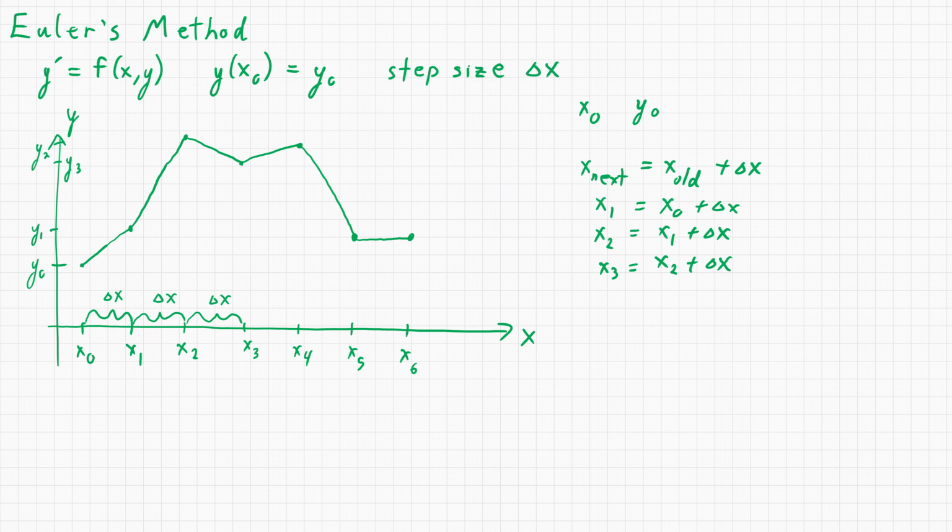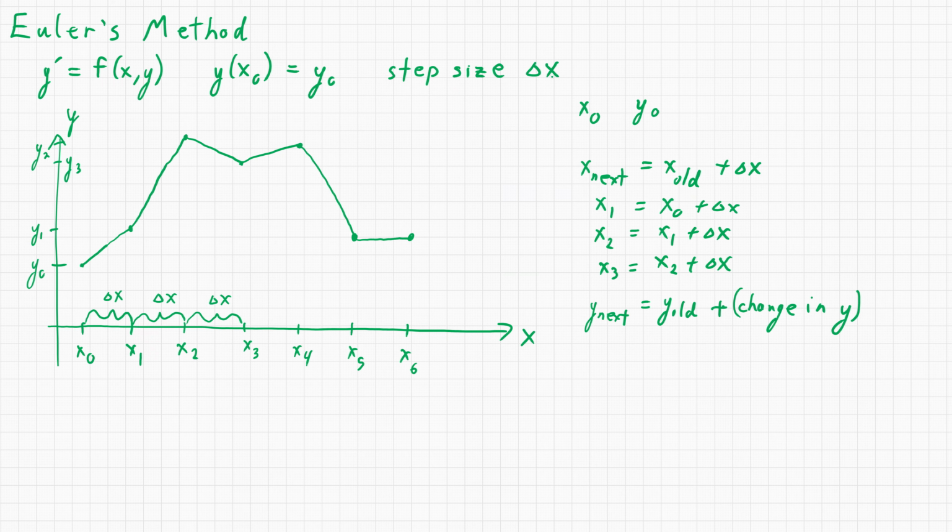The y one's a little different. So the y new, y next, is going to equal the starting value, y old. So this point, we started somewhere, and we want to add the change in y. Okay, well, how do we get the change in y? Well, we've got a couple things here.